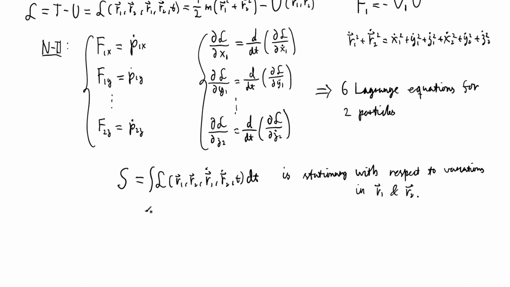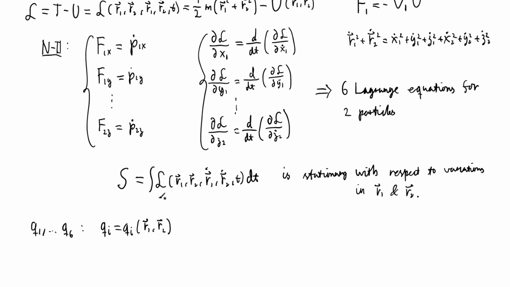And as before, we can make any change of variables as long as we preserve the fact that each point in space is mapped by exactly one coordinate. So we can make a change of variables to generalized coordinates, such that we have Q1 through to Q6, where Qi will depend on, in principle, the position of both particles.